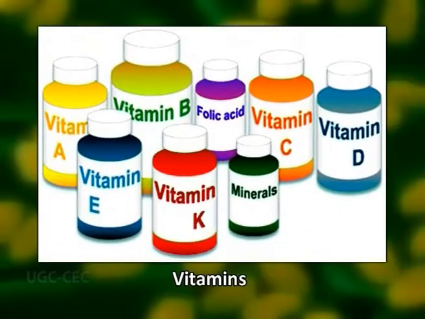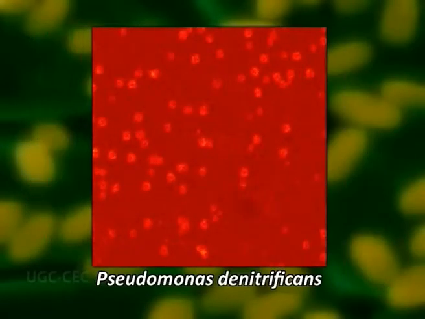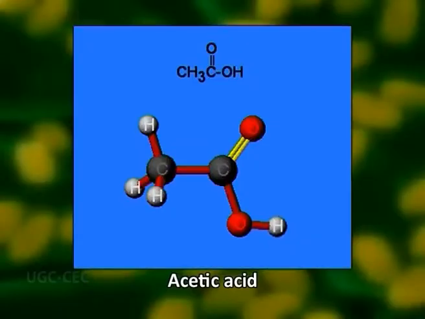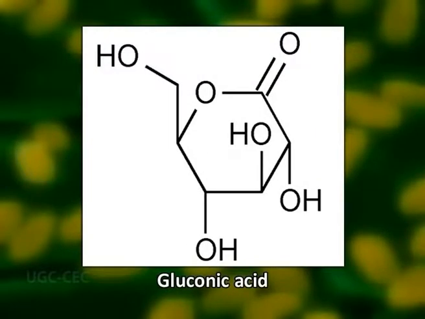Bacteria are also known to produce vitamins such as vitamin A, B and C. For example, vitamin B12 is commercially produced by Pseudomonas denitrificans when grown on sugar beet molasses. Organic acids such as acetic acid, lactic acid, gluconic acid are also obtained from the action of bacteria.